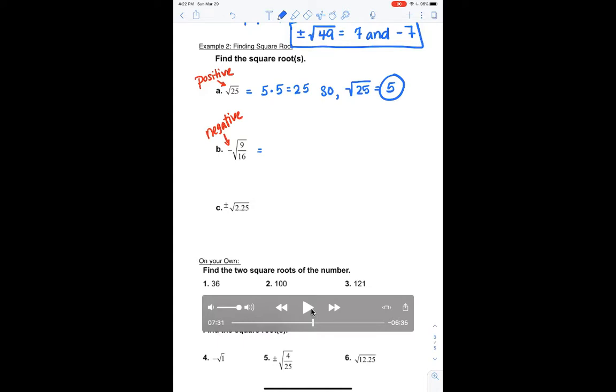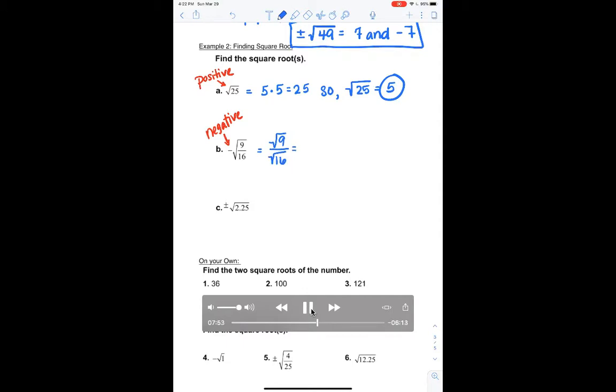En este caso, 9 y 16 son cuadros perfectos. Okay, they are perfect squares. Entonces yo voy a pensar, I'm going to think about this problem y voy a ver que, ok, yo puedo sacar el raíz cuadrado de 9 y puedo sacar raíz cuadrado de 16. That's going to help me here.